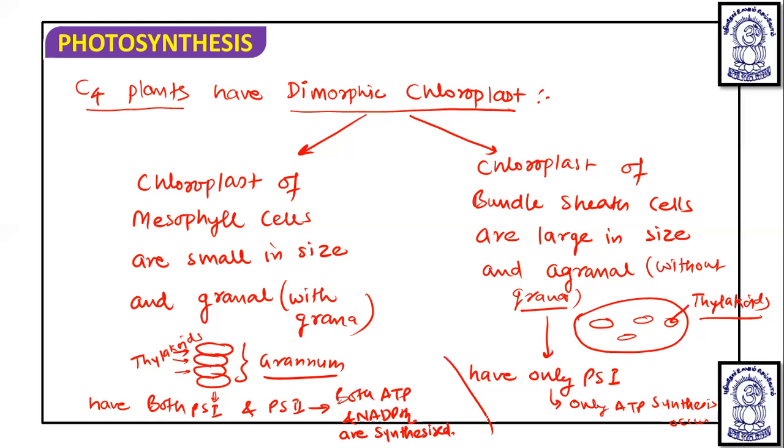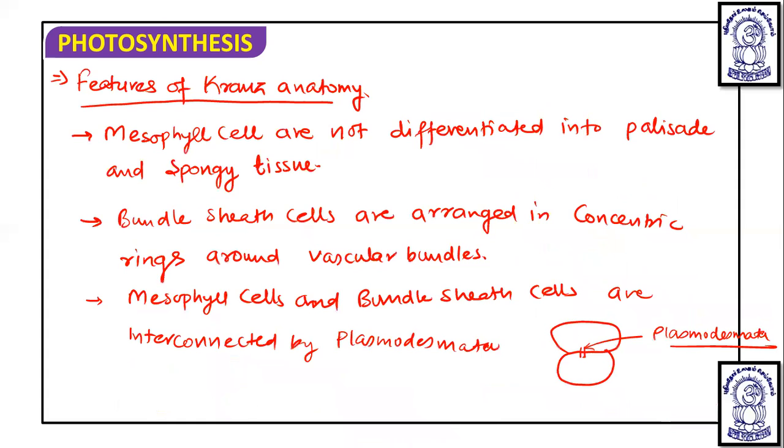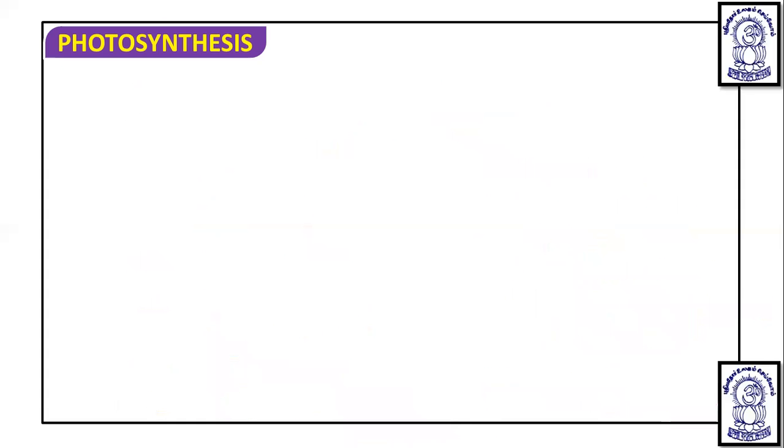Now, apart from this, it is also known that this C4 plant has this characteristic, and now we have to understand the mechanism of the C4 pathway. But before that, remember this pathway was discovered by Hatch and Slack.